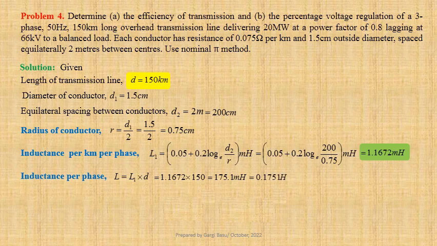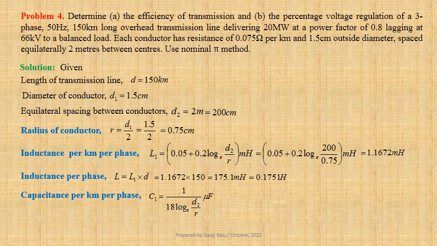0.1751 Henry. Expression for capacitance per kilometer per phase C1 equals 1 upon 18 into log of D2 by R microfarad. Using values we get 1 upon 18 into log of 200 upon 0.75 microfarad, that gives us 0.0099455 microfarad.